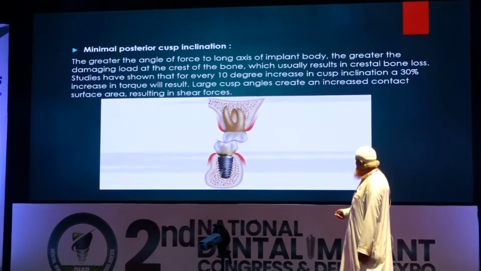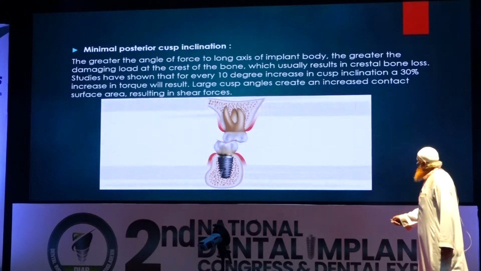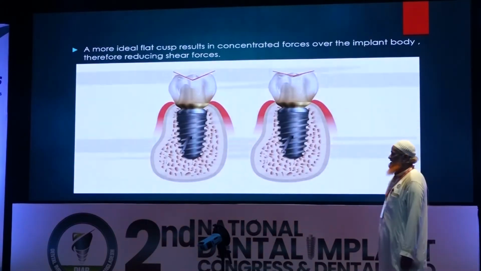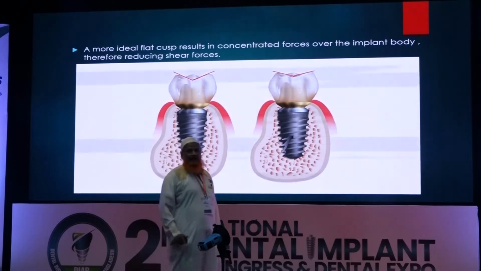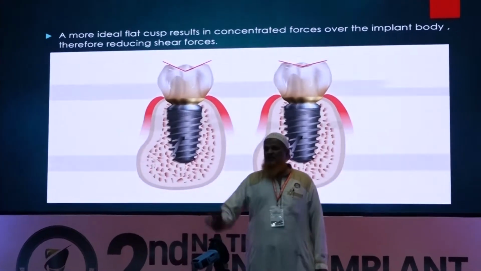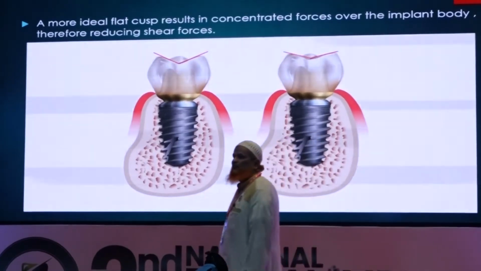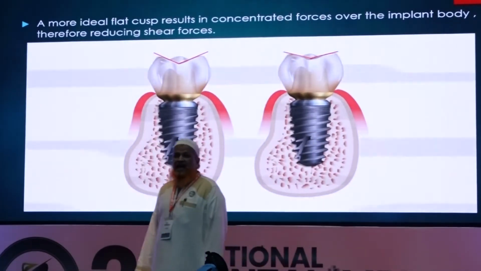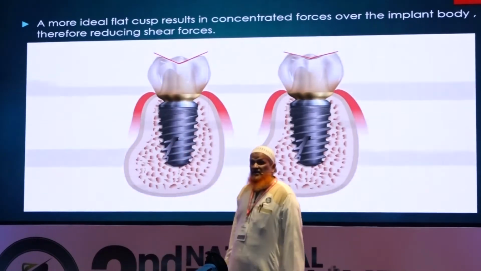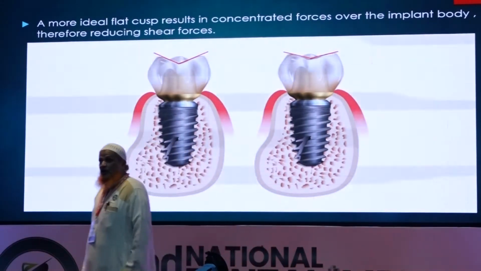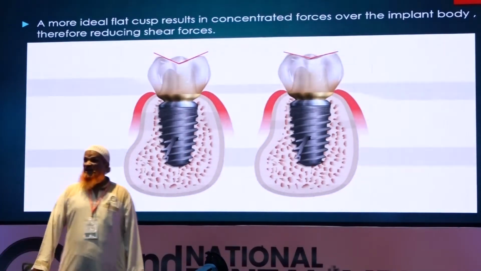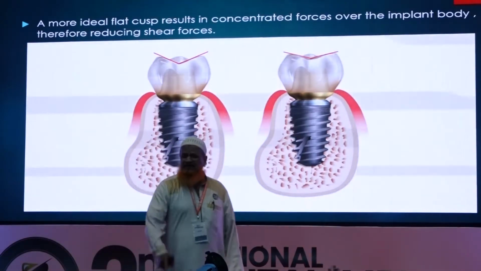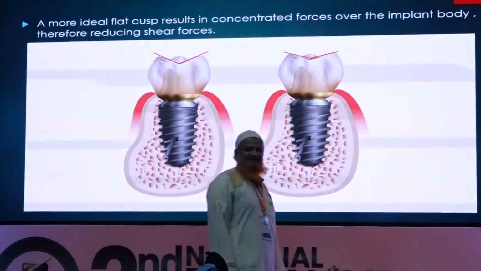He is saying to reduce your cuspal inclination in this way, in the right one. One study says that if we reduce the cuspal inclination by only 10 degrees, it will reduce the occlusal load by 30%. And in the Fujimoto study, if you reduce the crown diameter by 30 to 40%, 60 to 70% of the occlusal load will be reduced, my dear.